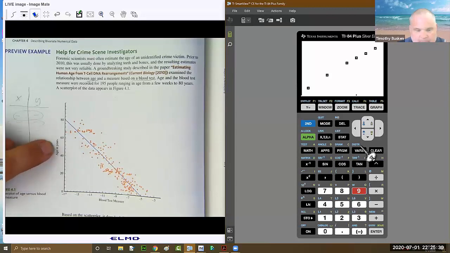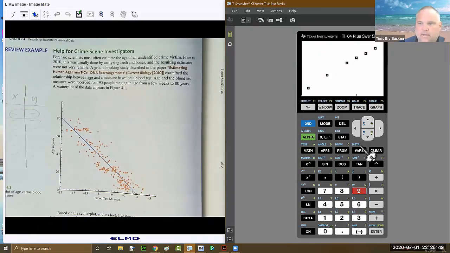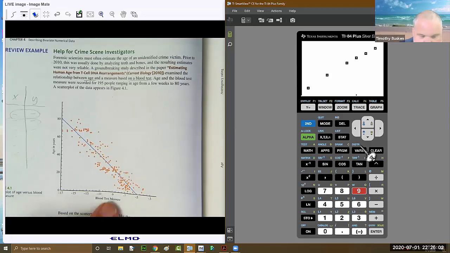So here, in this application, the regression line equation was used to measure age from crime victims. So if, for example, they drew blood from the victim of a murder, and then they used the blood test measure.